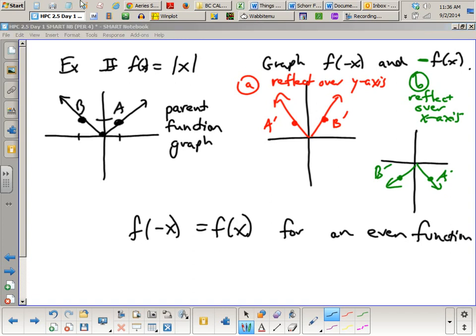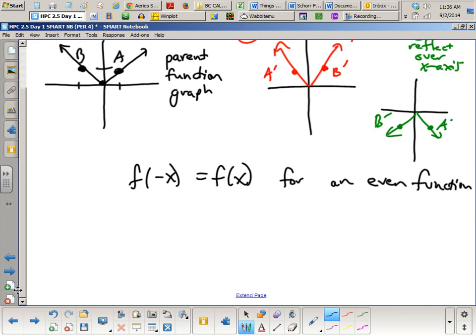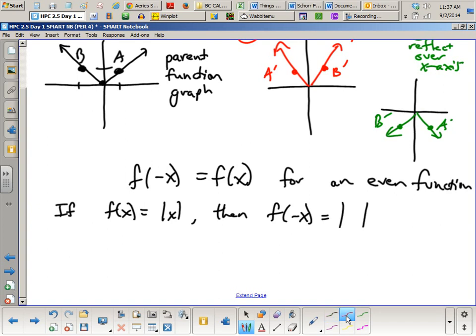So what's happening mathematically here? Well, if f of x is absolute value x, what does it mean to do f of negative x? It means to change your x's to negative x's. So let's see what happens.